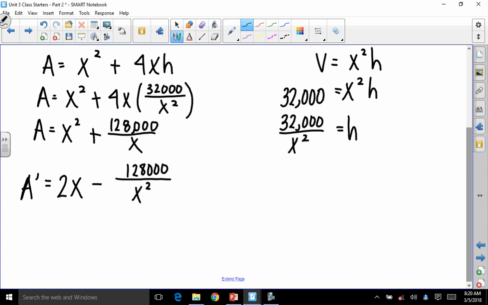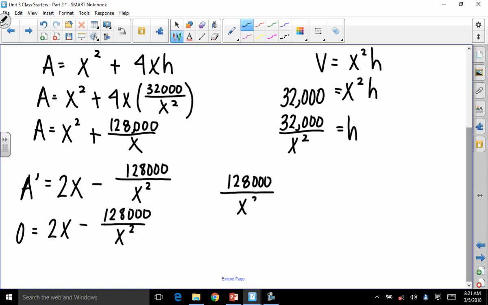So there's our derivative, yes? Can we figure out when that's equal to 0? We should be able to. How do you want to solve this? We can do this pretty easily. Move the fraction over to the other side, which is going to give us 128,000 over X squared equals 2X.